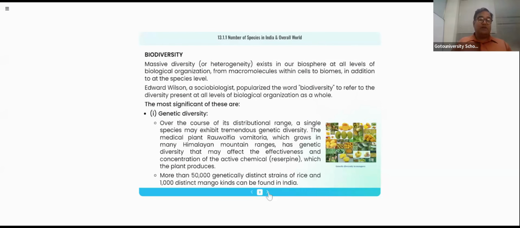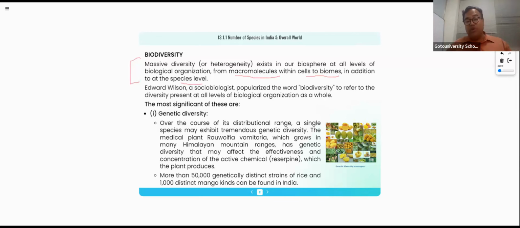Now, what do you mean by biodiversity? I gave the introduction in the case of biodiversity, right? In biodiversity, we know very well that from the macromolecules within the cell to biomes, in addition to the species level, lots of variations are there. So can you give the extract of this concept?